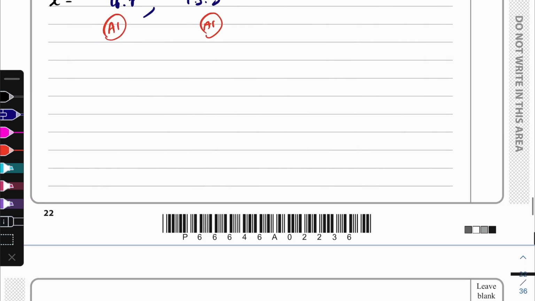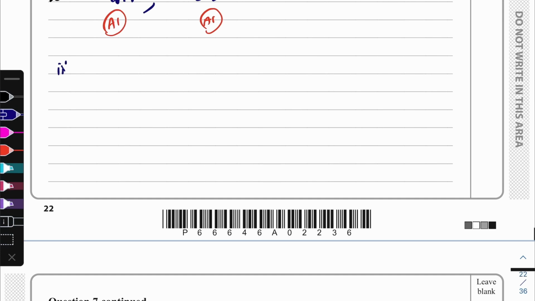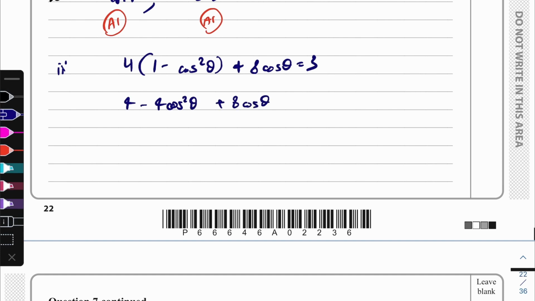So now we substitute it, so we can write 4 times 1 minus cosine squared theta plus 8 cosine theta equals 3. That's 4 minus 4 cosine squared theta plus 8 cosine theta equals 3.